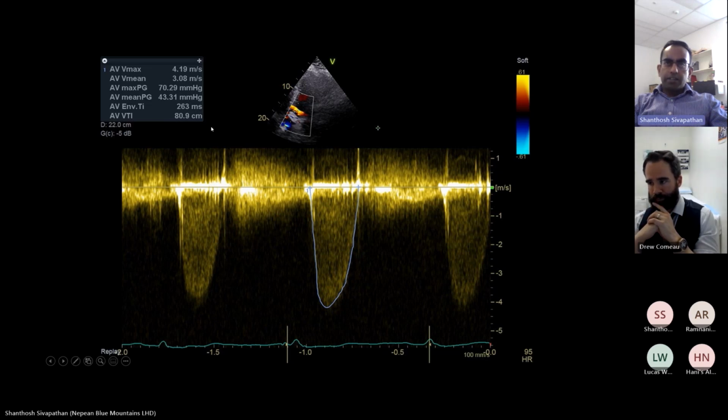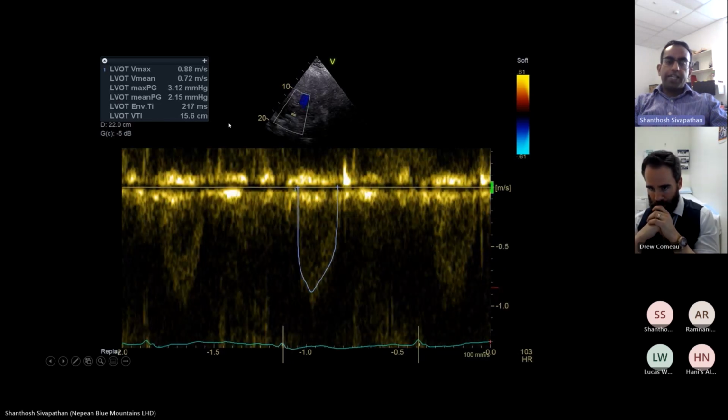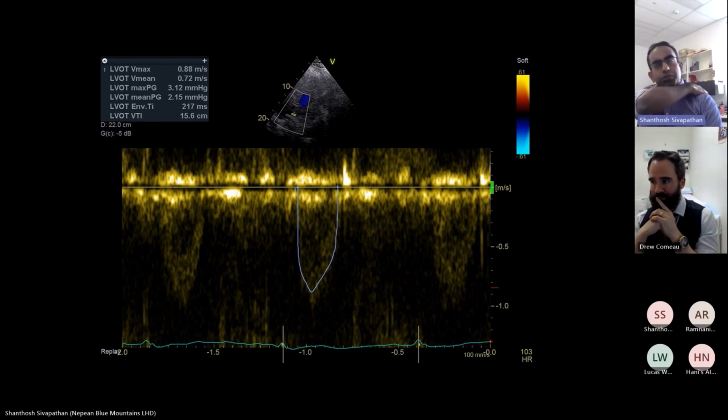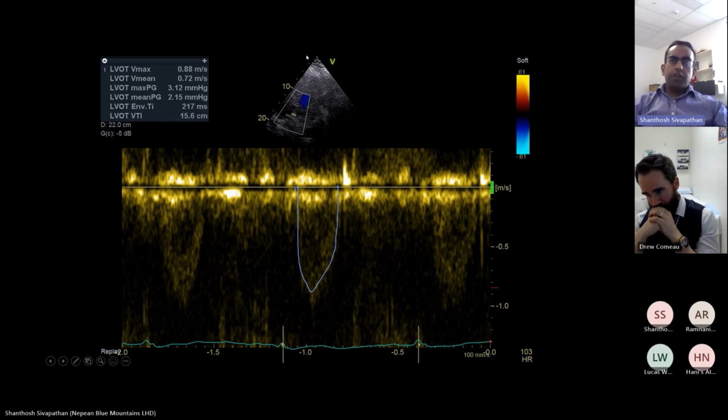Using that equation, 15.6 over 80, what do we get in terms of dimensionless index? Less than 0.25. Yeah, absolutely. I just did it quickly on the calculator, it's like 0.2 or something. So yep, that also is in keeping with severe aortic stenosis.